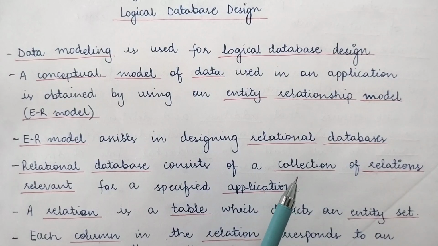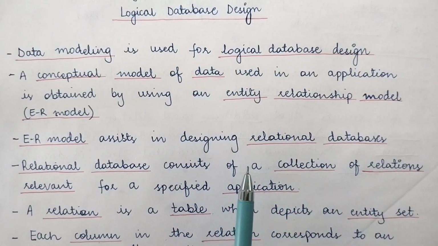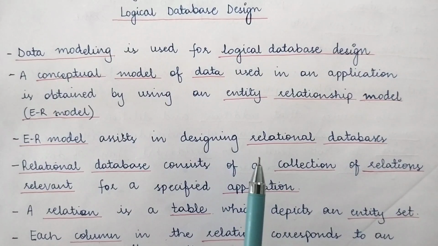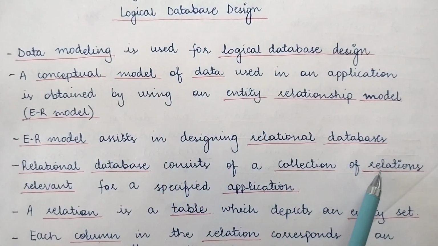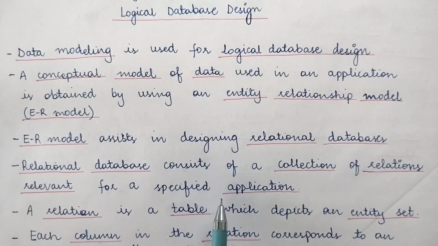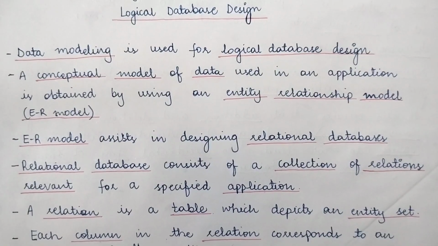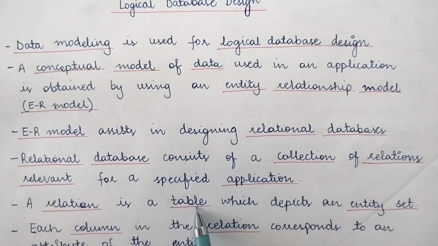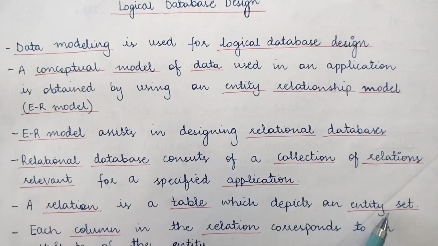For example, if you are making a software application for an educational institute, then while designing the logical database of that institute, you will have relations relevant to that institute, like a relation for the student entity set, a relation for the faculty entity set. So when I say relevant for a specific application, that means specific to that application and not outside that application. A relation, as I told you, is a table which depicts an entity set.